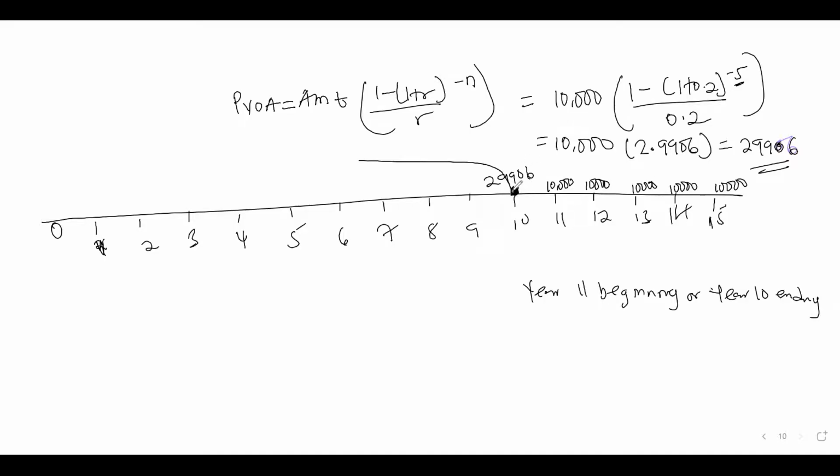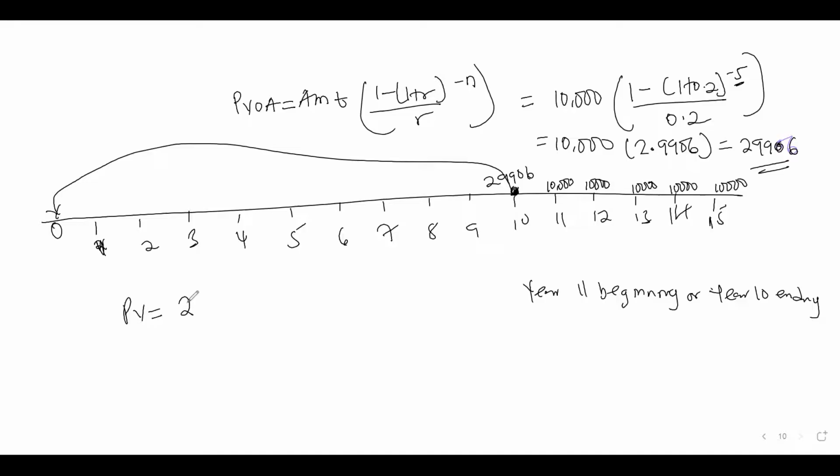But we need to bring this money to now. So the question says, how much lump sum must we pay? We use the normal present value to discount, because one must know the lump sum you must pay now for it to grow up to year 10 for us to get the 29906.